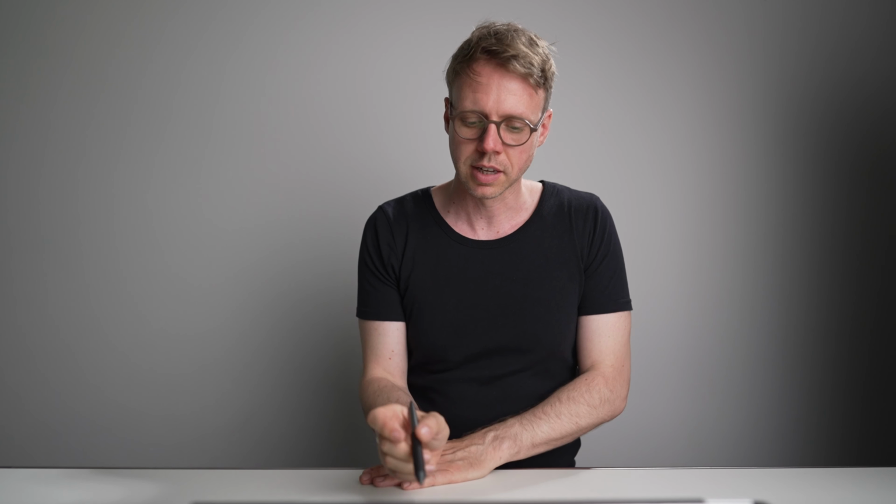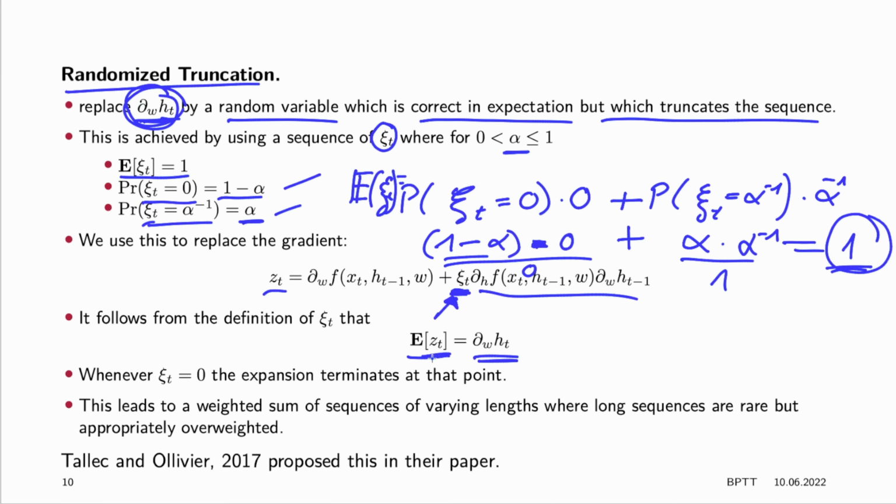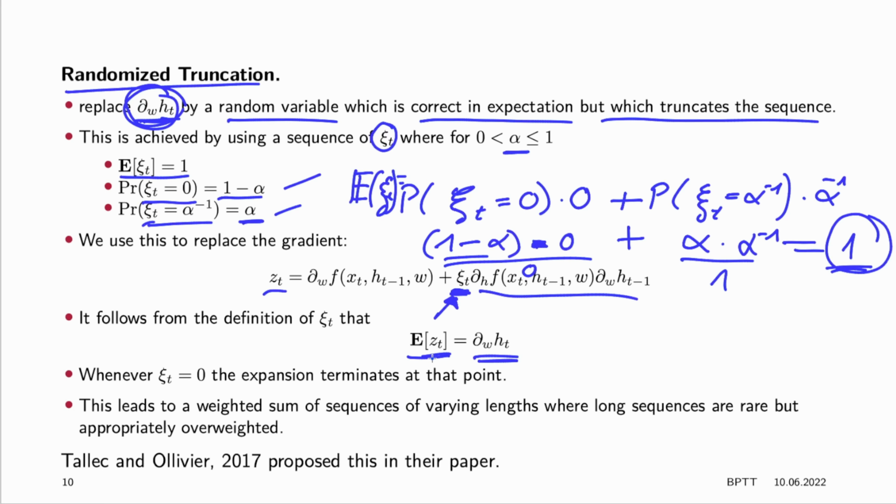However, when we go further, we upweight these, so these two operations, in expectation, once we average over many of these, cancel each other. Thus, we get something that is unbiased, that has the same expected value. So each sample is different, but in expectation they're the same. This leads to a weighted sum of sequences that have varying length, where long sequences are rare, but appropriately overweighted.